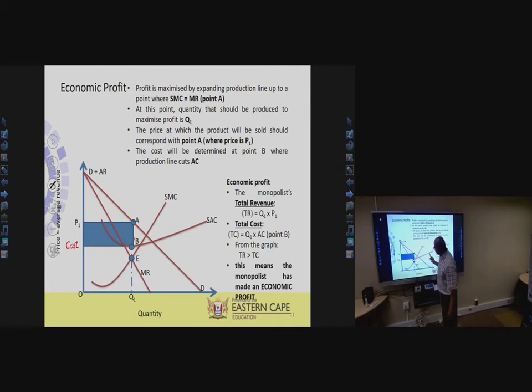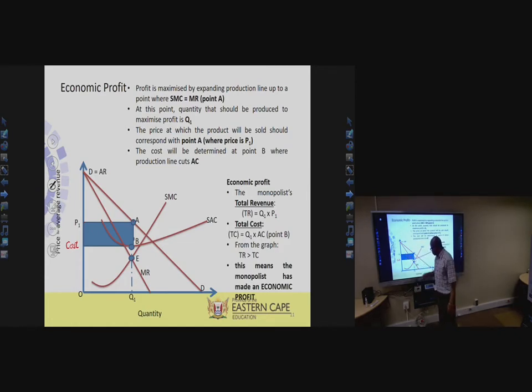We'll remember that the cost, when this line, whereby we're maximizing our profits, that Q, we notice that we extended that line to A. But in the process, that line is cutting AC. When that line cuts your AC, that is where we derive our cost.